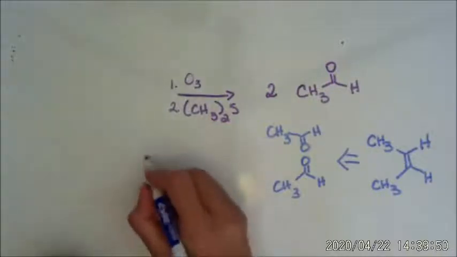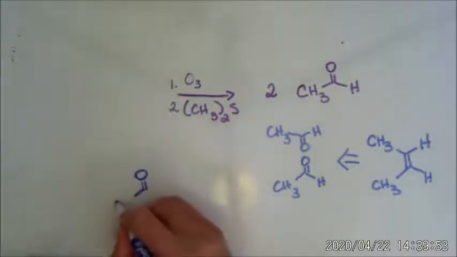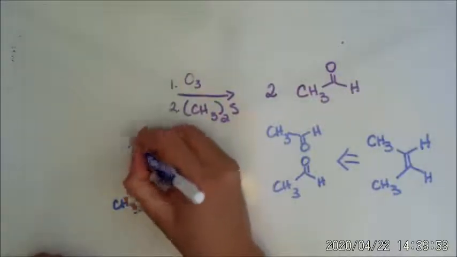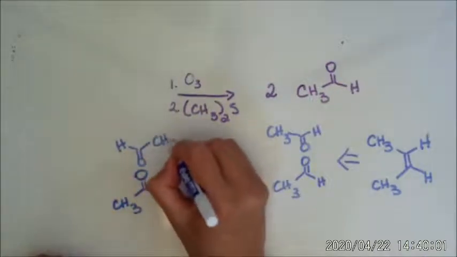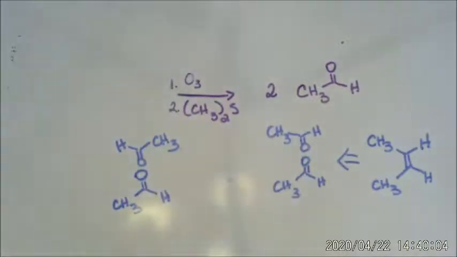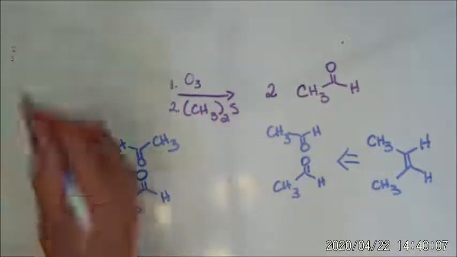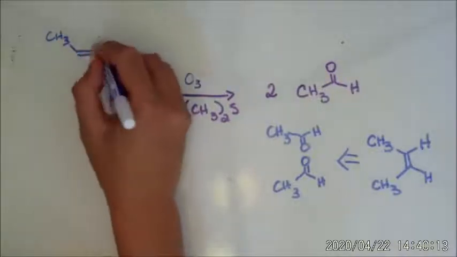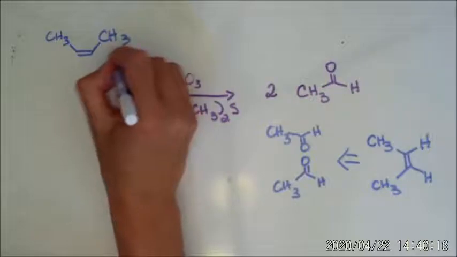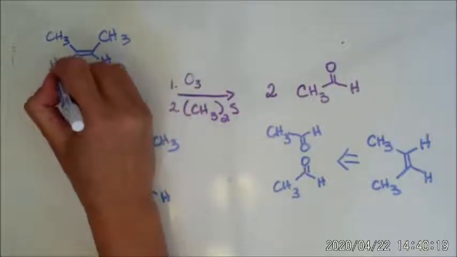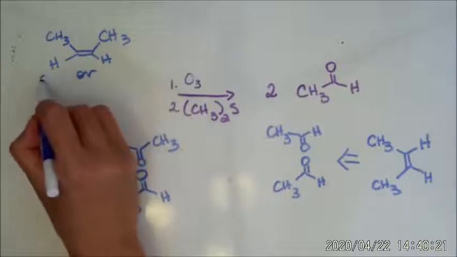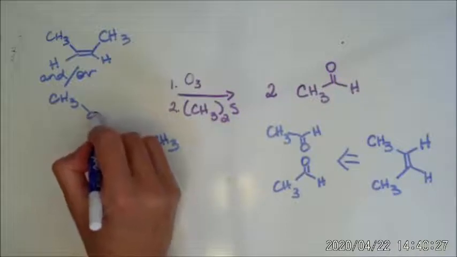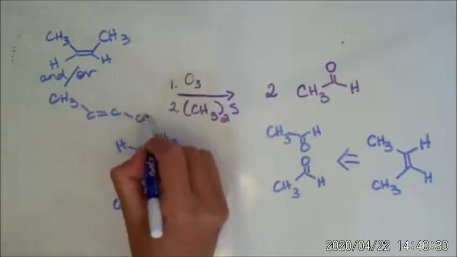The answer is no, because you could also have had this orientation. So if I say what was my original compound, it's going to be CH3, my cis 2-butene, and it could be a mix, or my trans 2-butene.